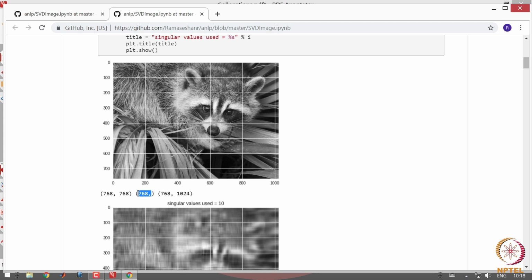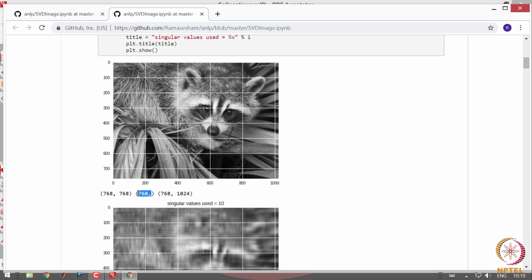In the same fashion, if you have a huge matrix of size 10 billion documents by 1 million words, you probably do not need that many values to reconstruct the original term document matrix. You probably require only a smaller number, 100 to 200 sigma values, to reconstruct the original term document matrix.